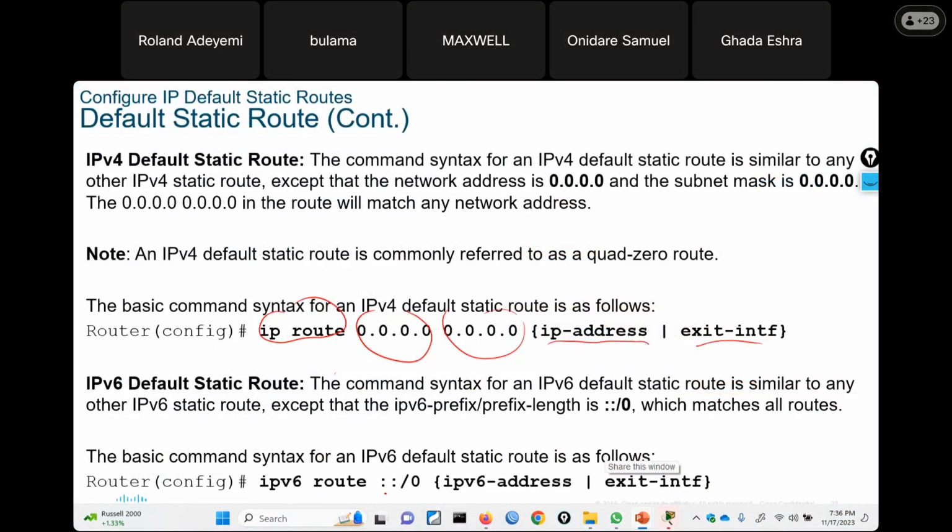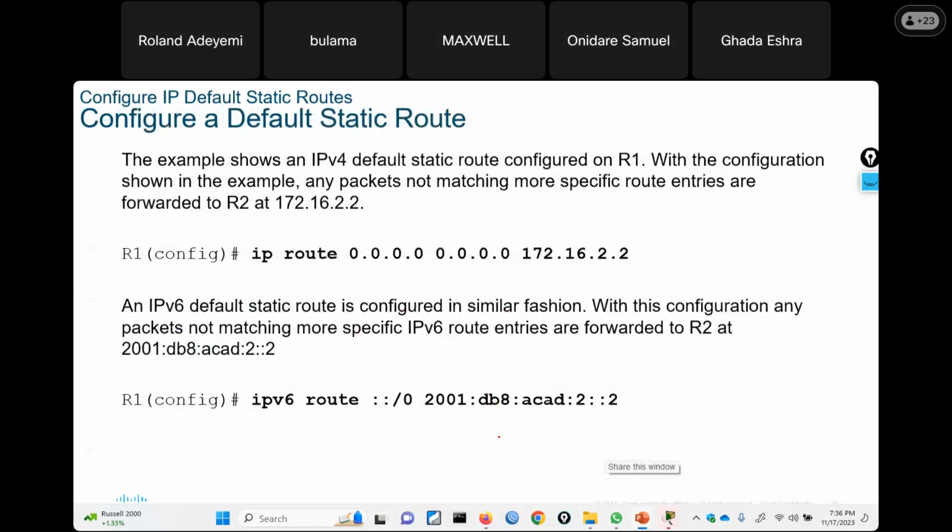I forgot to mention this. For IPv6, you say ::/0. That is how we configure the default route in IPv6: ipv6 route ::/0. So you can see an example of the default route here for IPv4, and you can see the one for IPv6.